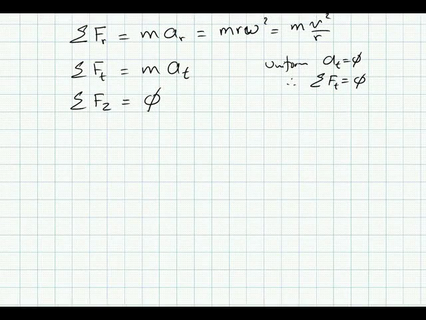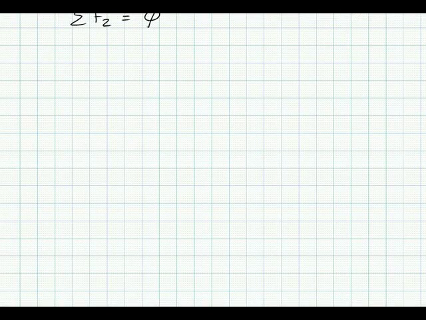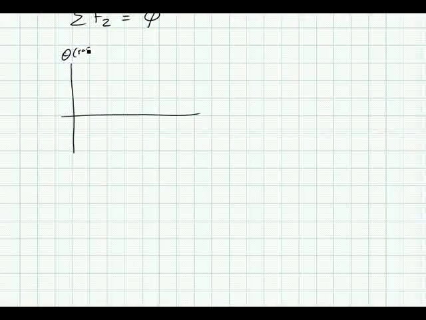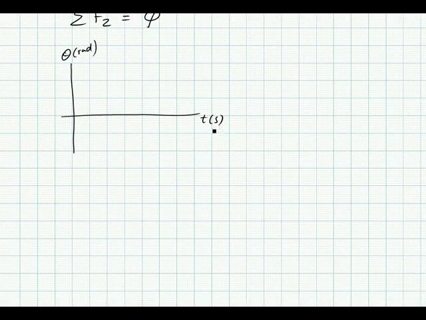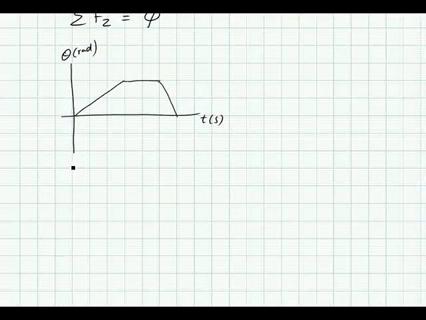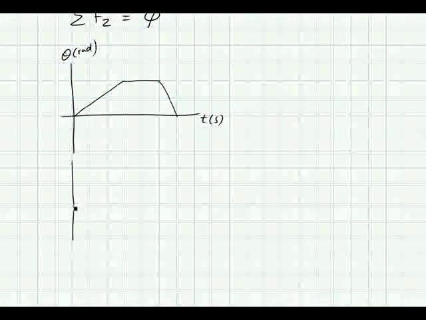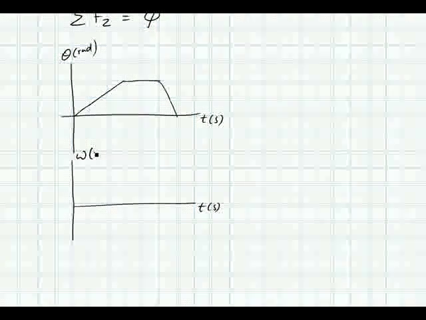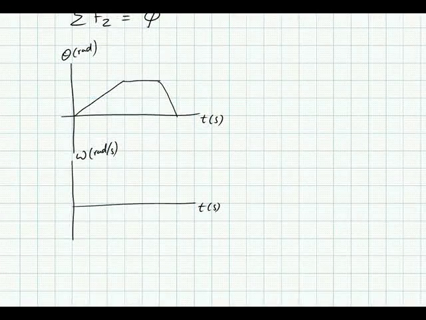And just like the case for linear motion, you can use the graphical analysis tools that we learned about. If you have a plot of angular position in radians versus time in seconds, working out the slope of each section gives us our angular velocity in radians per second.